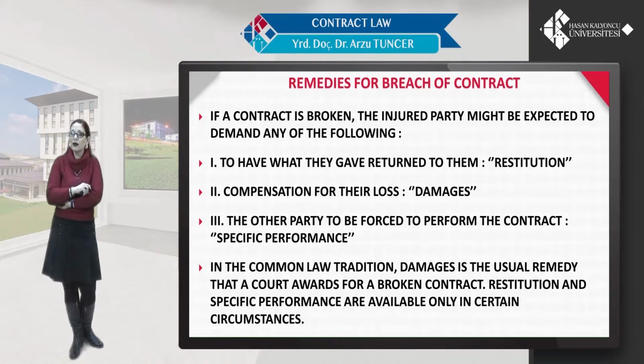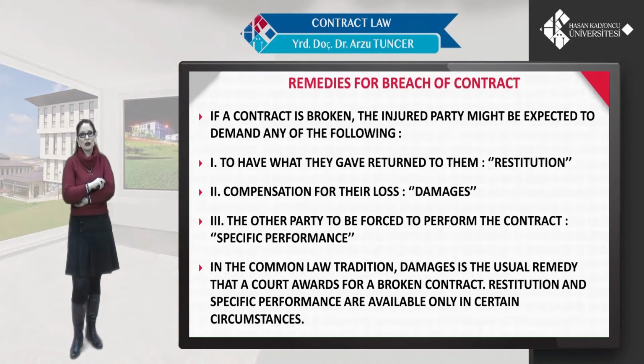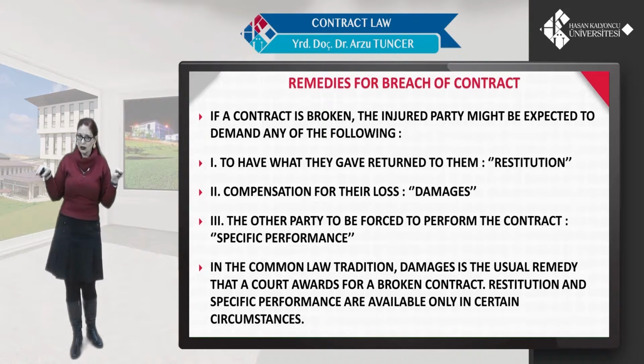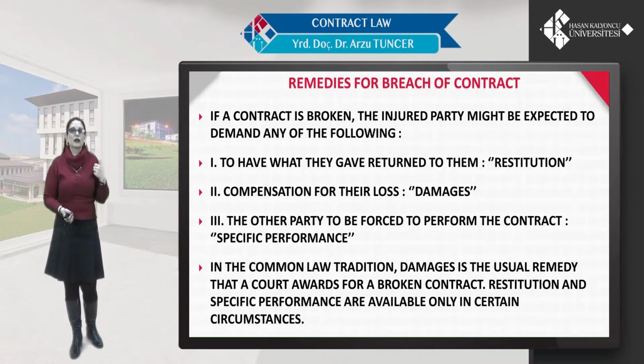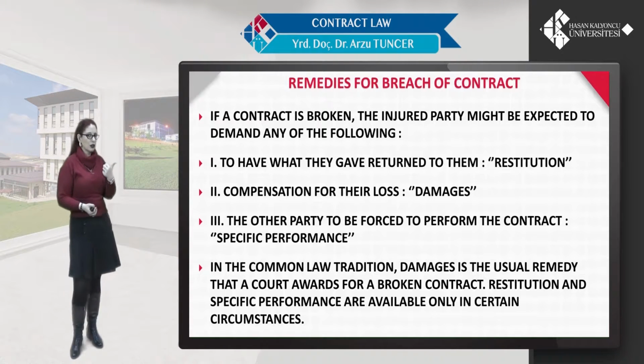Restitution and specific performance are available only in certain circumstances. So you have to bear in mind that we are talking about the common law tradition. Damages is the usual remedy for a broken contract, but restitution or specific performance are available only in certain circumstances.